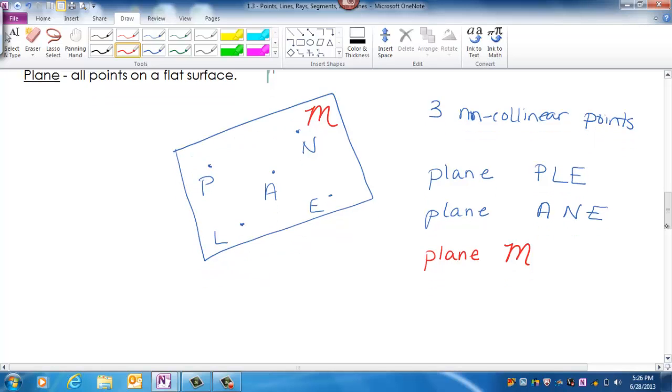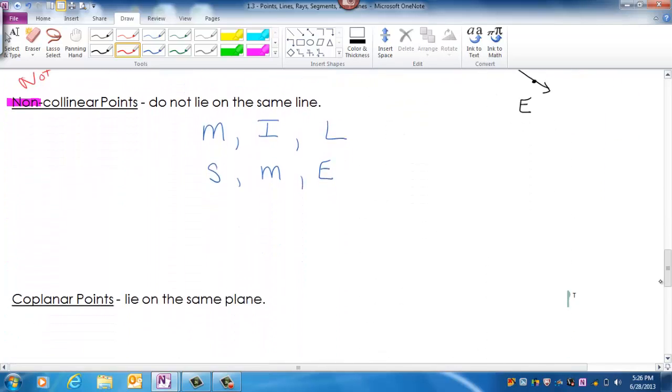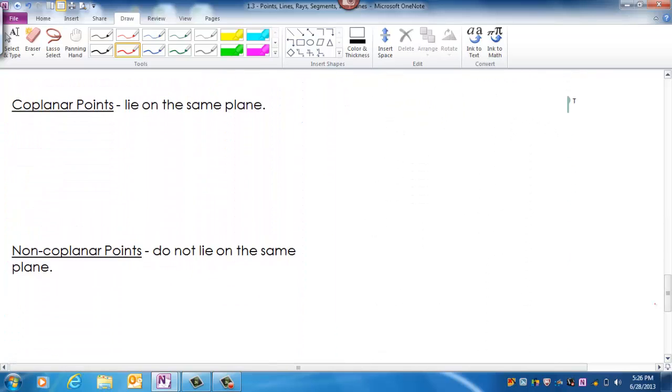Okay. Scrolling down here a little bit, now we're going to talk about coplanar points. Well, this has the word co in it, so it's going to share. And then it has the word plane in it, so it's going to share the same plane, points that are on the same plane. So if you had, let's say, a flat surface, a plane right here, and then you put another plane, a different flat surface, off to the side here.